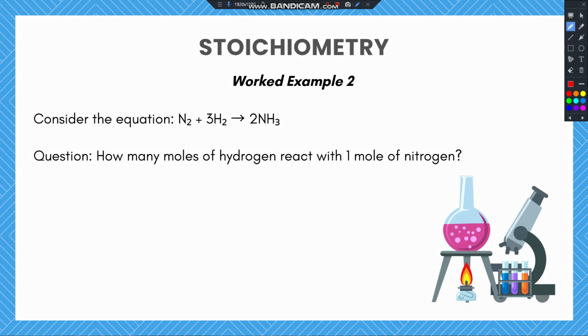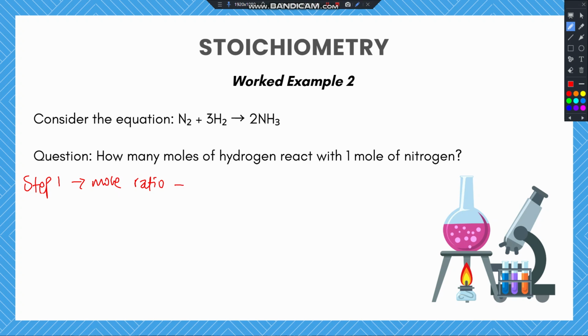The question says how many moles of hydrogen react with 1 mole of nitrogen? Step number 1, get the mole ratio.